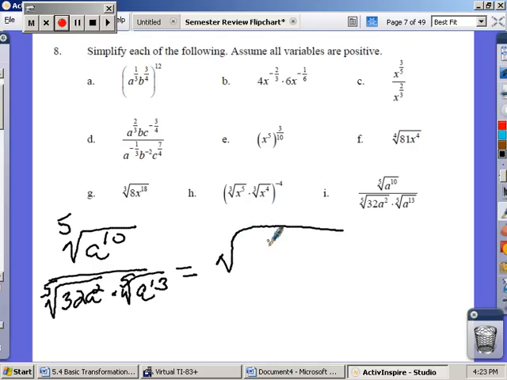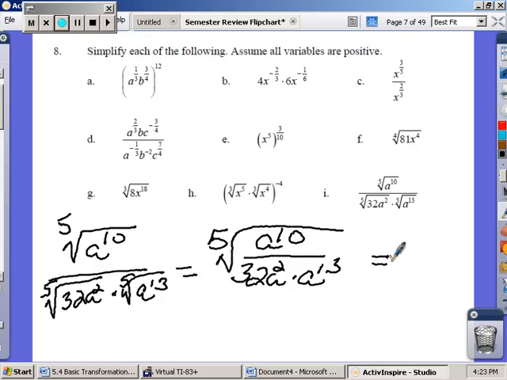We can put it all underneath the same radicand because everything has the 5th root. a to the 10th all over 32a squared times a to the 13th. 5th root of a to the 10th over 32a to the 13th.